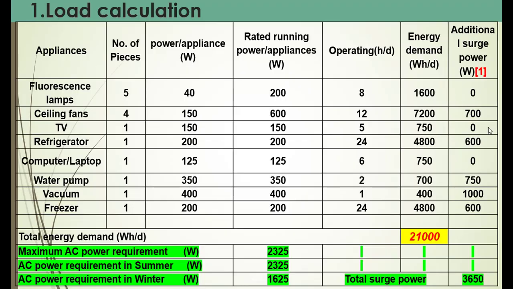This value represents the summation of additional surge power for the ceiling fans, refrigerator, water pump, vacuum, and the freezer.